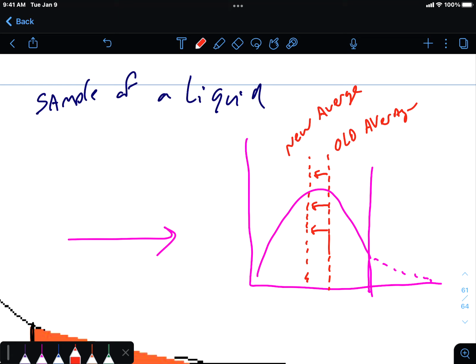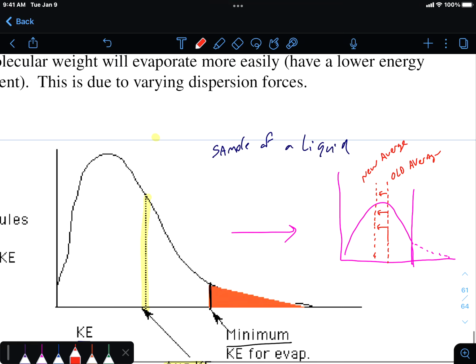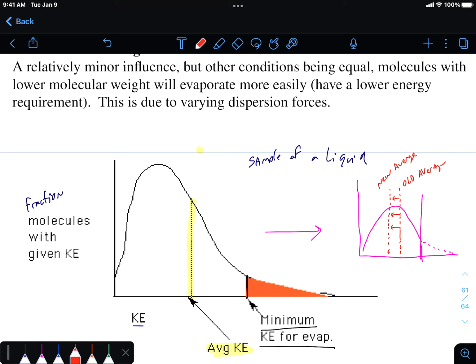It's just like if I said, you take your 4 best hitters off of your baseball team because they go on the quarantine list. What is the average batting average of the remaining team members? It's less because you took your 4 best hitters, and if they were gone, then it's going to change. Okay, and that is why evaporation has a cooling effect. That is why when evaporation takes place, the temperature goes down.